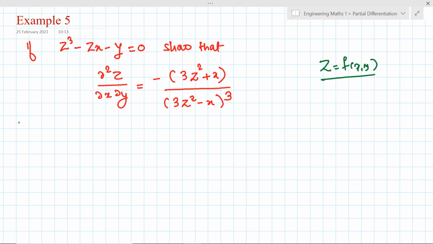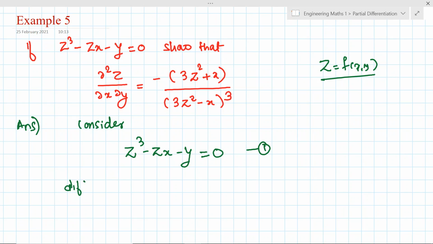Okay. So first, consider the given equation z cube minus zx minus y equal to 0. Call it equation 1. Now differentiate equation 1 partially with respect to x and y.